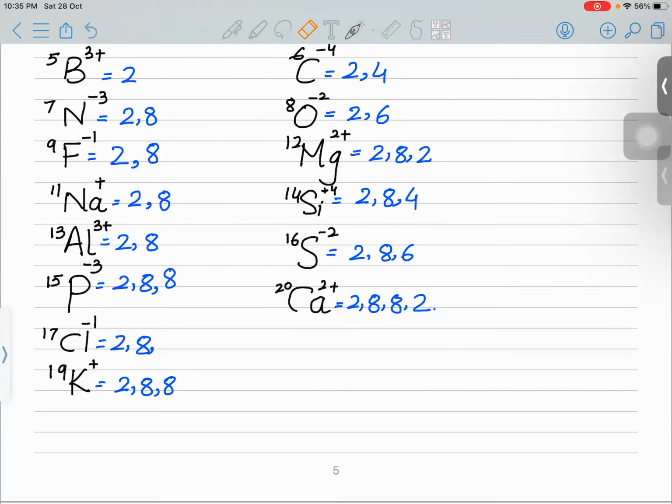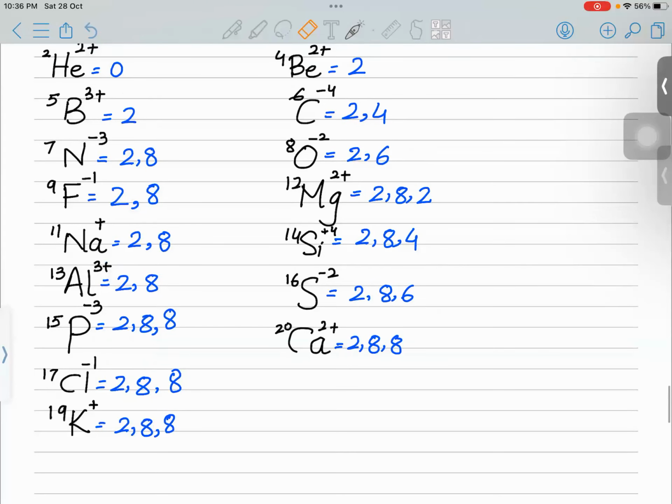And for chlorine? 2,8,8. Very good. And for potassium? 2,8,8. What about calcium? 2,8,8.